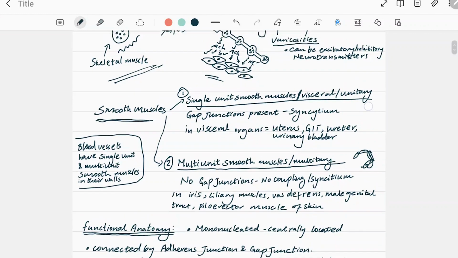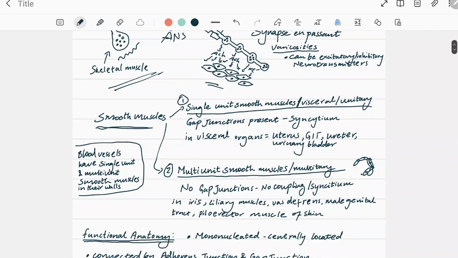So if we look at the innervation of single unit versus multi-unit smooth muscle, look at this. In multi-unit smooth muscles, you have to stimulate each and every smooth muscle. So your synapse en passant will actually be at quite a distance from the smooth muscles, because you want to spray and let all of this neurotransmitter go all over the place. So you want more distance from the muscle.